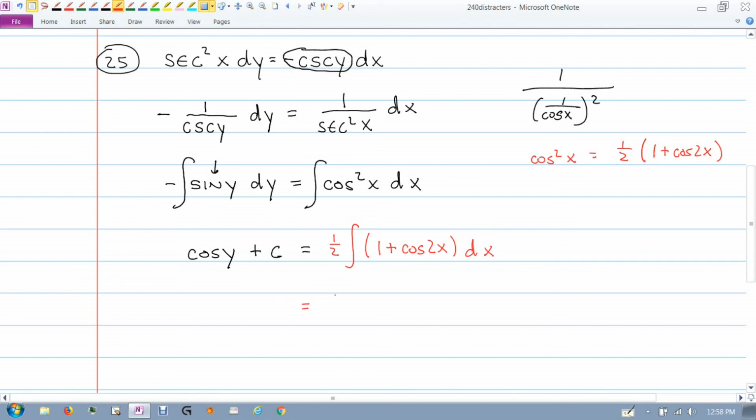And so now we have antiderivative of 1, which is just going to be x. We have a 1/2 out here. And then the antiderivative of cosine of 2x is going to be 1/2 sine 2x. There's a little chain rule involved there you have to account for. You've got to account for that 2 in there, which is where this 1/2 comes from. So you can do that with just a basic U substitution. But again, I do believe that that is a Cal 2 skill that you should all be familiar with. And cosine y plus c.